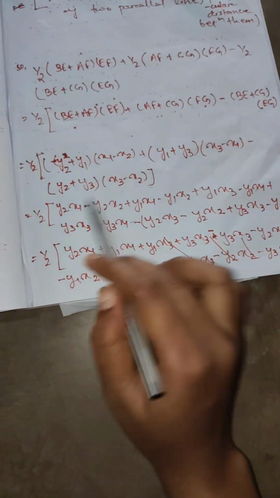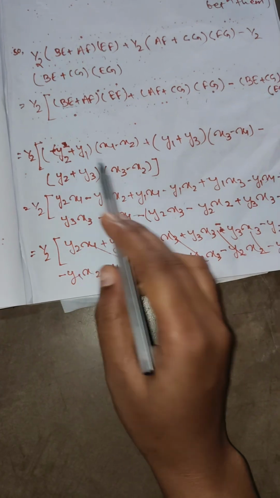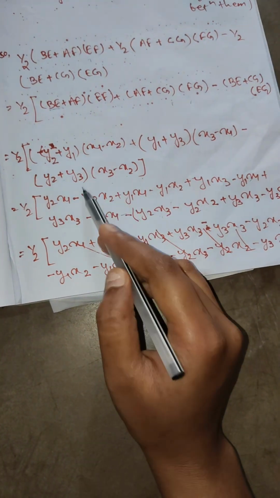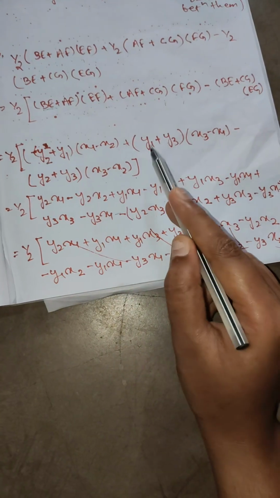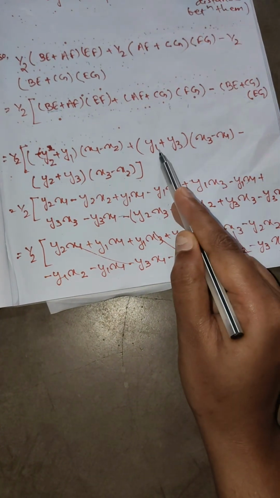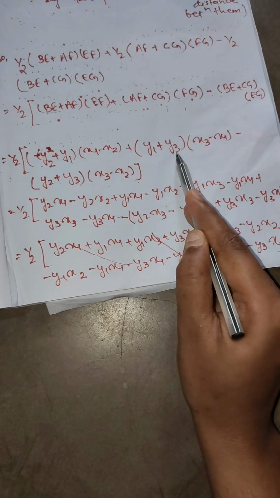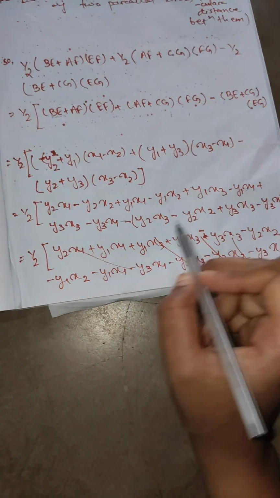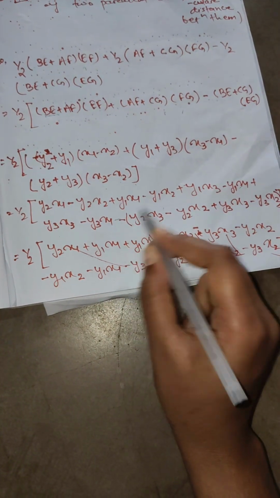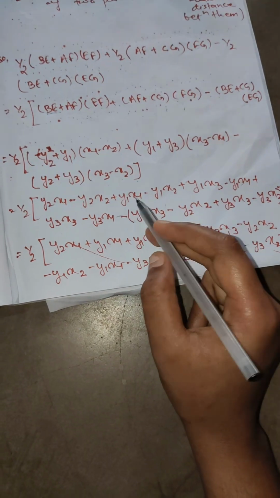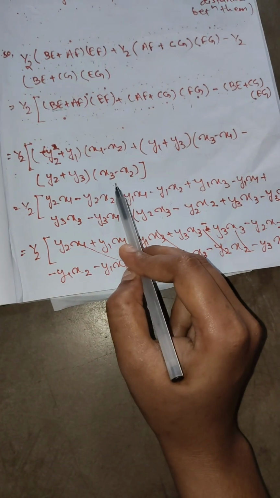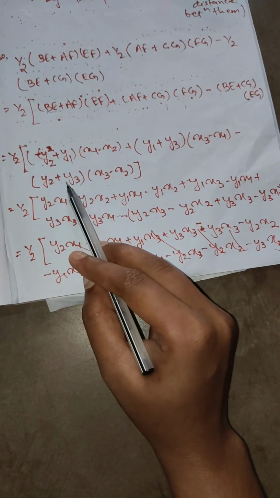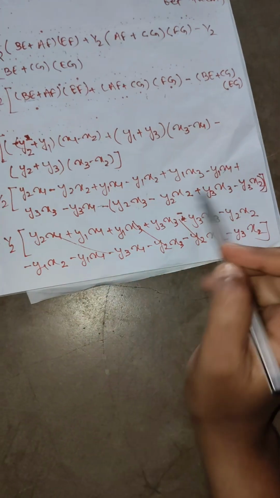Now opening the brackets, we can get half, y2 x1 minus y2 x2 plus y1 x1 minus y1 x2 plus y1 x3 minus y1 x1 plus y3 x3 minus y3 x1, minus, keeping the minus outside, y2 x3 minus y2 x2 plus y3 x3 minus y3 x2.